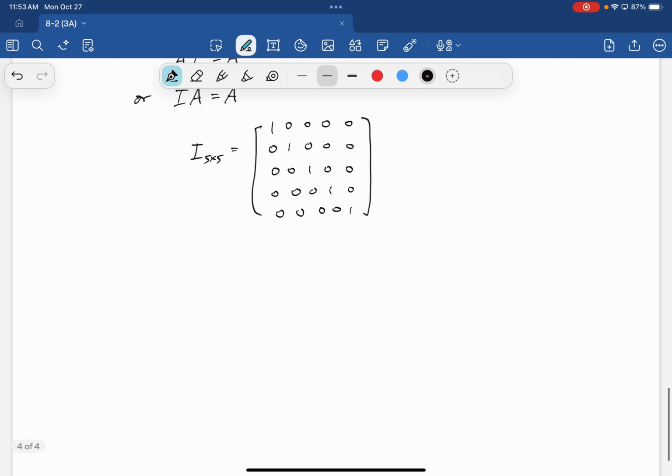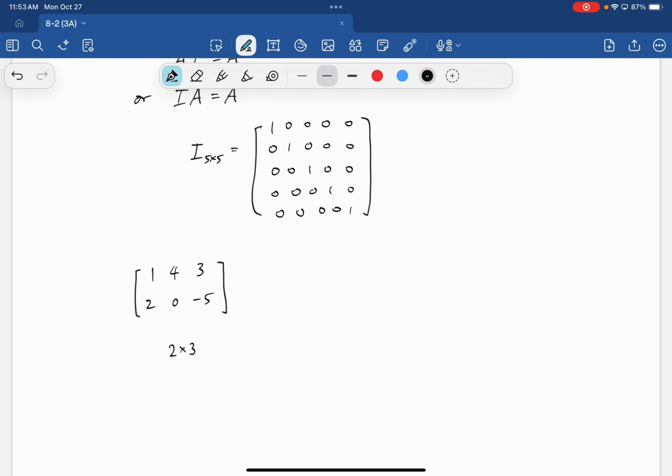I'll show you how this actually multiplies. Okay? Let's say we were asked to find this product, maybe like 1 4 3 2 0 negative 5. Okay, this is a 2 by 3 matrix.